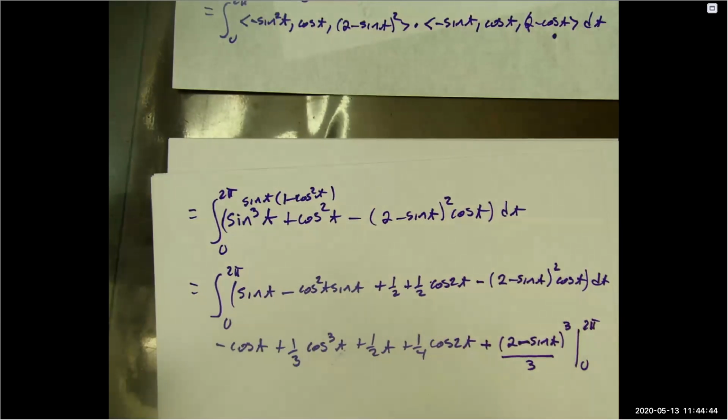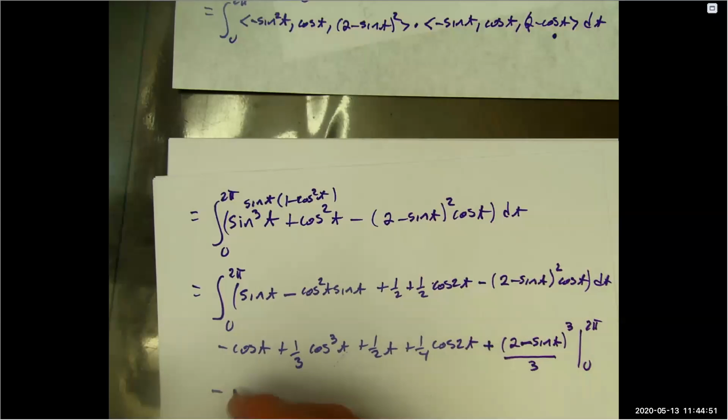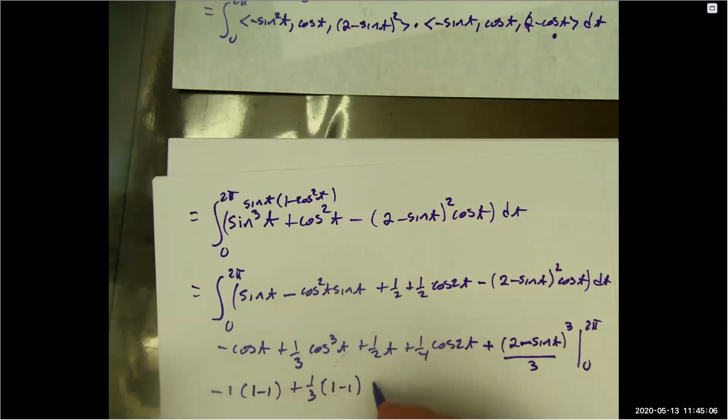All right, so let's see what we get here. For the first part, we're going to have minus 1 times cosine of 2 pi minus cosine of 0, which is 1 minus 1. And then here we're going to have 1/3 of 1 minus 1. So these first ones are going to be 0. Then I'm going to have 1/2 times 2 pi minus 0. And then I'm going to have 1/4 of 1 minus 1, which is 0.